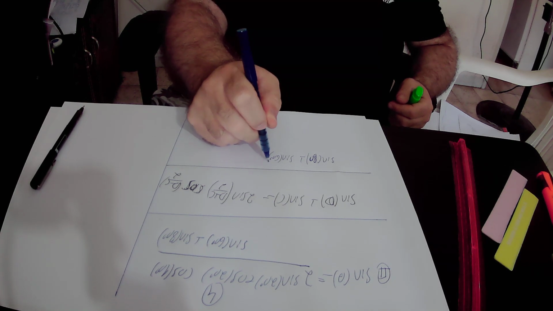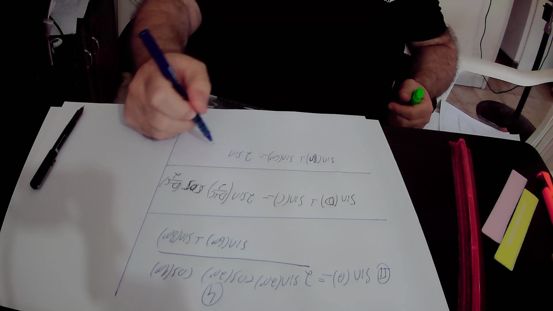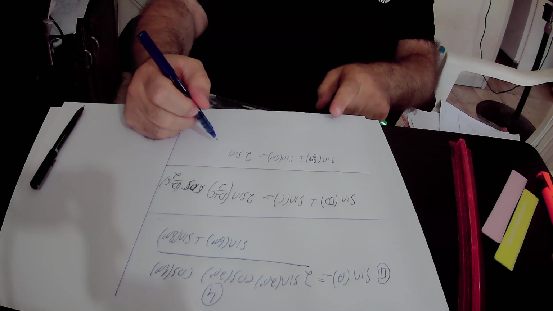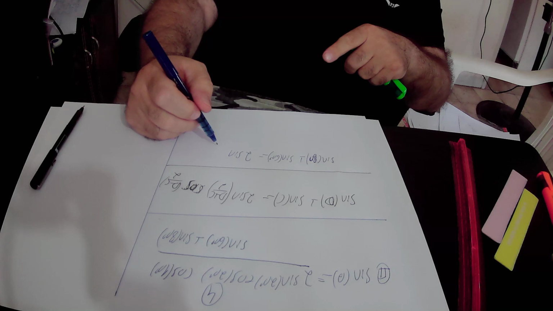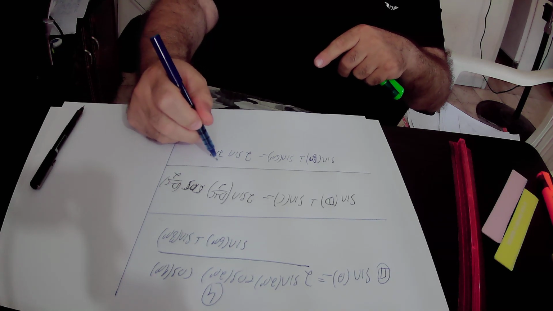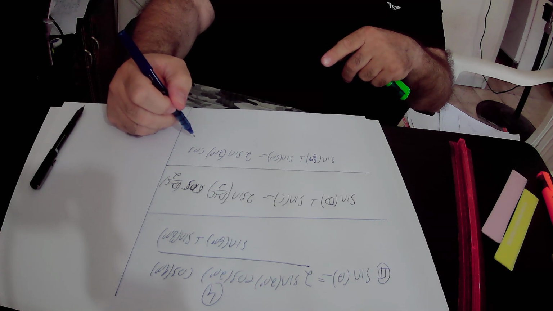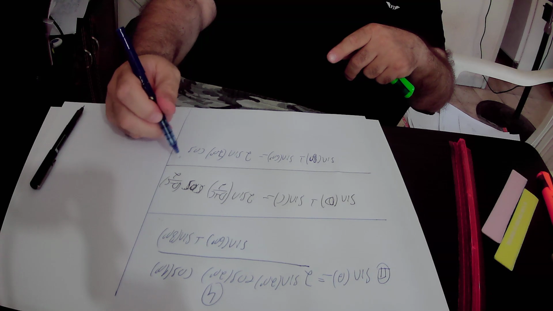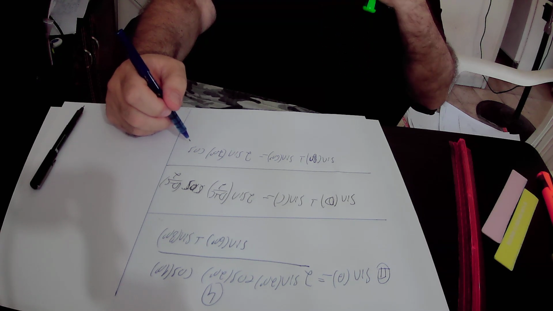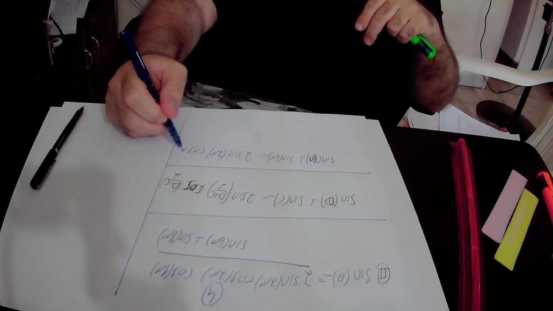According to this identity, it will be equal to 2 times sine of (d plus c) over 2. d is 80, c is 60, and 80 plus 60 is 140, and 140 over 2 is 70 degrees, times cosine of (d minus c) over 2. d is 80 degrees, c is 60 degrees, 80 minus 60 is 20 degrees, and 20 degrees over 2 is 10 degrees. So cosine of (d minus c) over 2 is cosine 10 degrees.